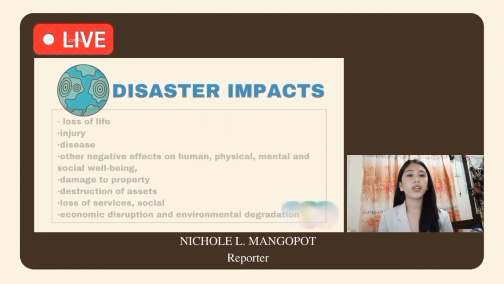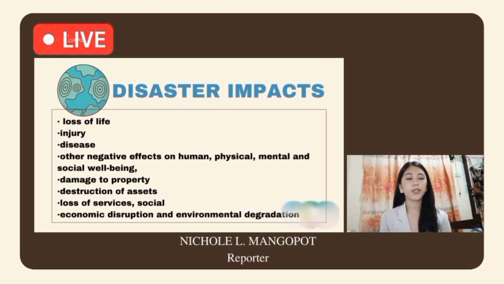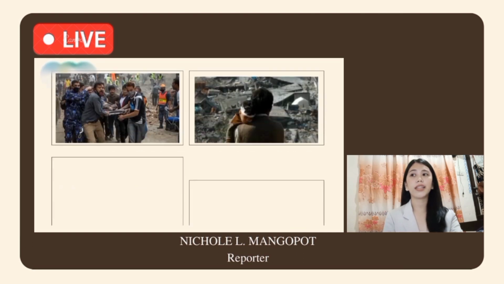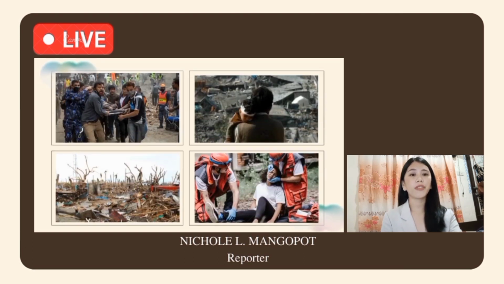These are the disaster impacts: loss of life, injury, disease, other negative effects on human, physical, mental, and social well-being, damage to property, destruction of assets, loss of services, social and economic disruption, and environmental degradation. As we can see on the next slide, these are some examples of those disaster impacts: the loss of life, the injury, and the destruction of properties.